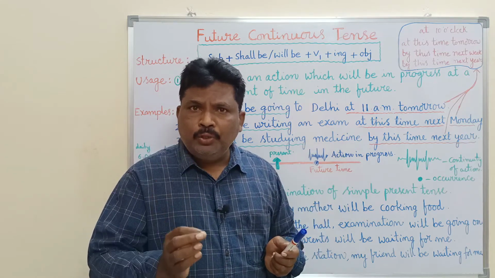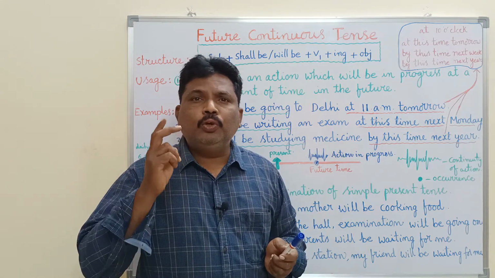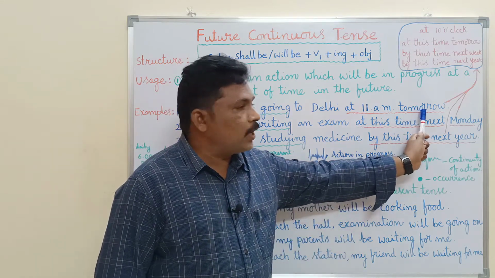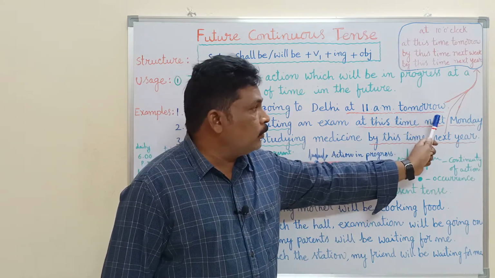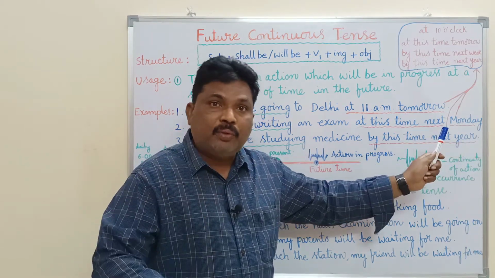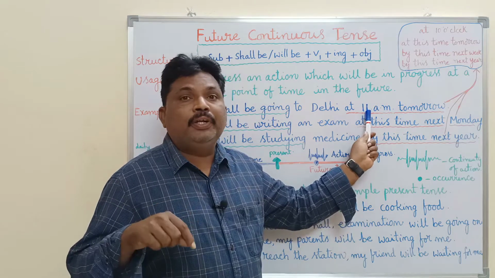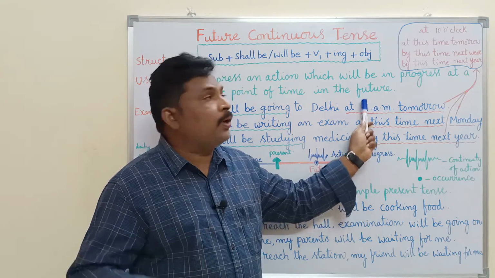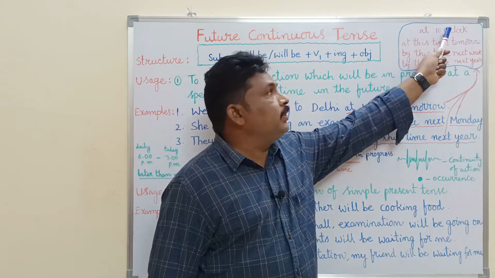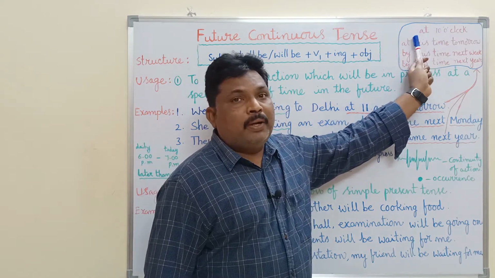Whenever we use future continuous tense, we need to use two indicators. Number one, simple future time indicators like tomorrow, next Monday, next year, next summer, next winter. Apart from those, specific points of time, like at 10 o'clock, at 7 o'clock, and at this time or by this time.